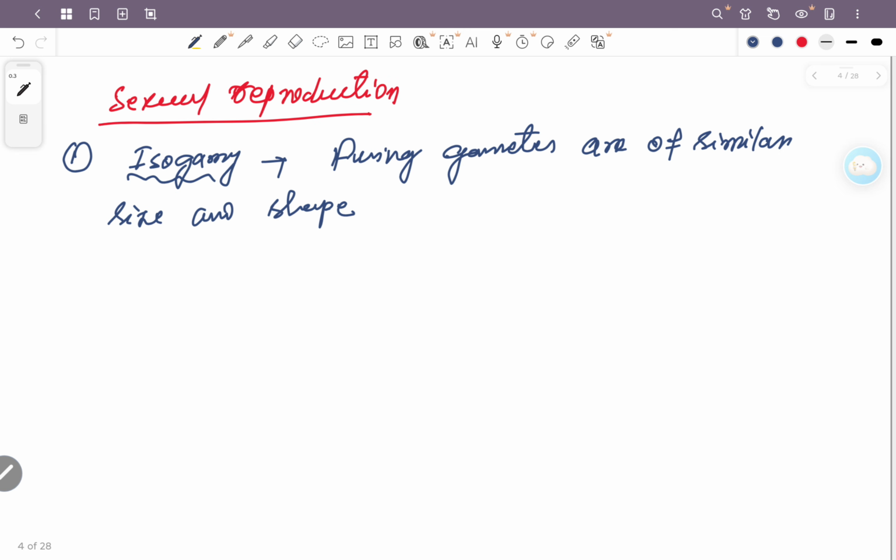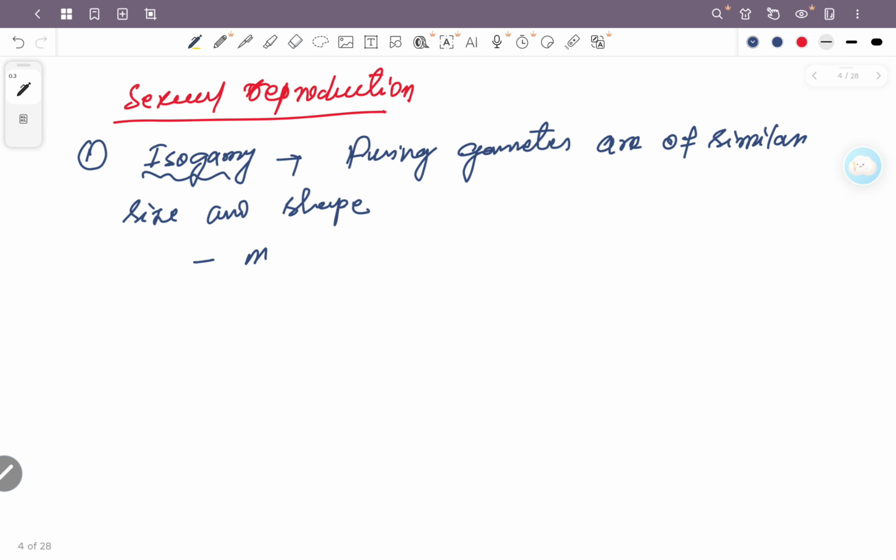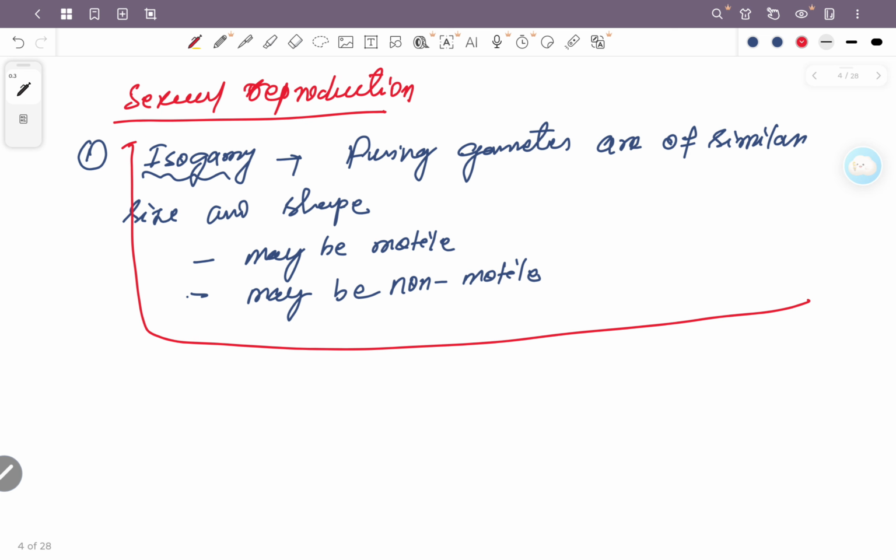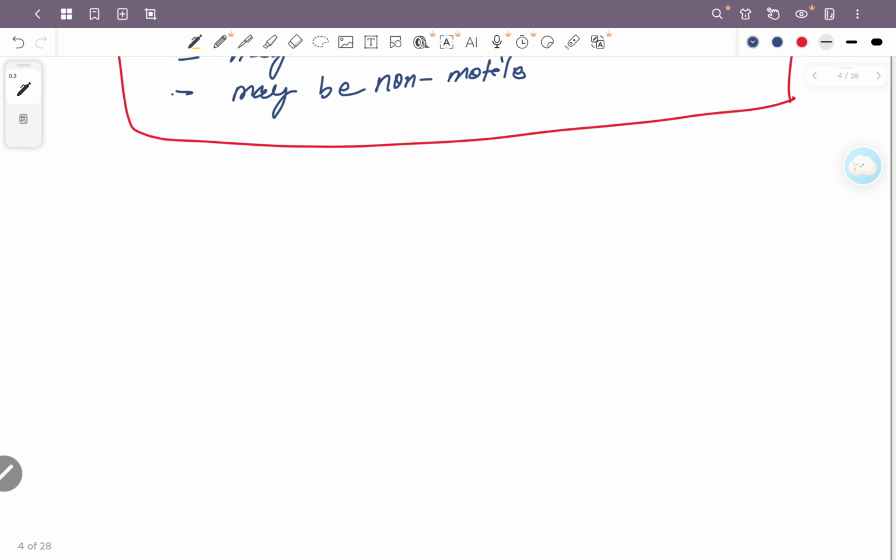And these gametes may be motile, meaning they can move, or they may be non-motile. They may have flagella or they may not have flagella. Okay, so this point is very important. So isogamy means the gametes are similar and they may be motile or non-motile.